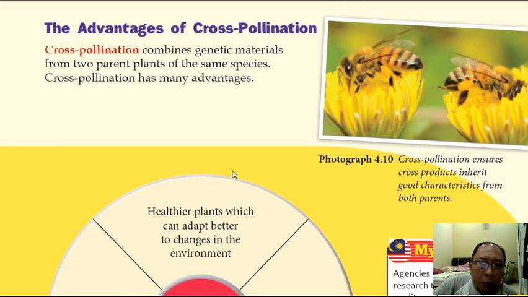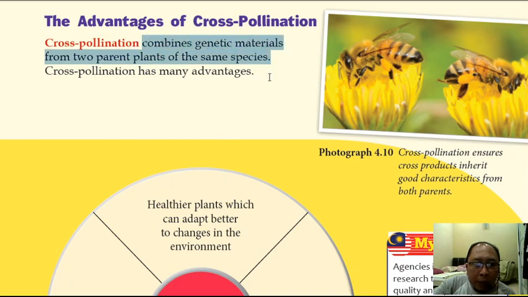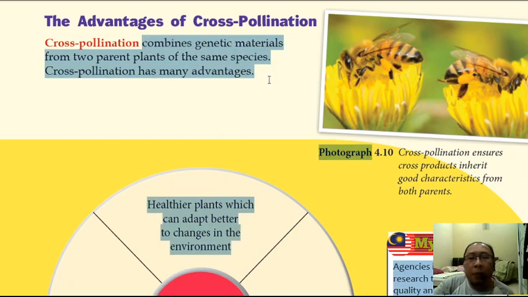Okay, now we look into a discussion about the advantages of cross-pollination. Between self-pollination and cross-pollination, cross-pollination has more advantages compared to self-pollination. Why? Because cross-pollination combines genetic material from two parent plants of the same species.